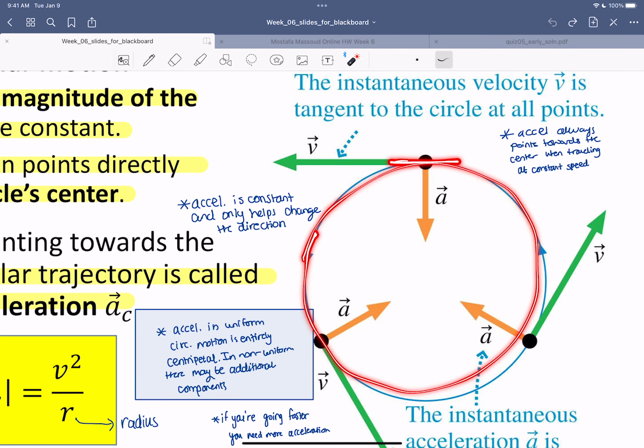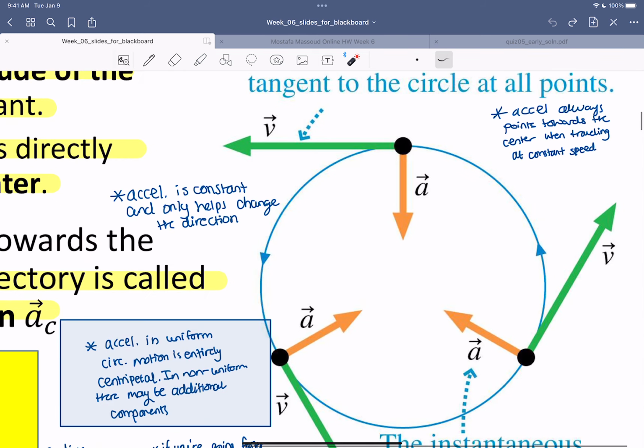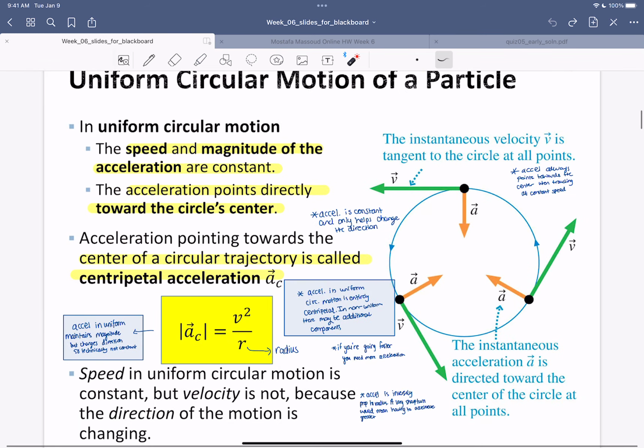So if I take the slope here, I can see that velocity here is towards this way. Here it's this way. There it's this way. So it's just tangent to the curve. Now, acceleration, since it's uniform circular motion, is always pointed radially inwards, along the radius towards the exact center of the circle.